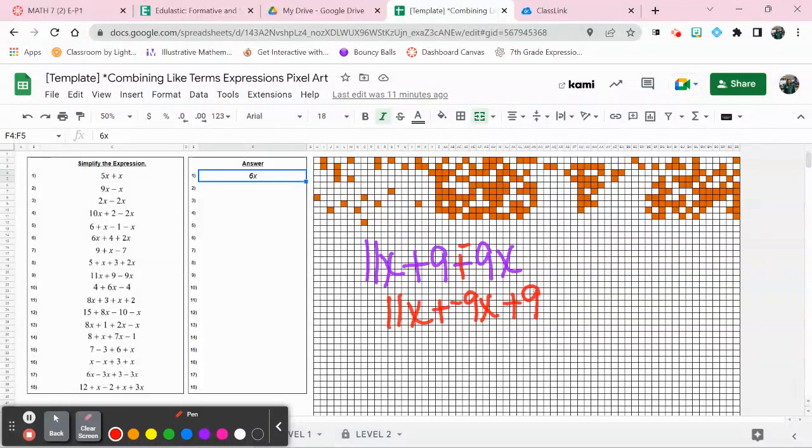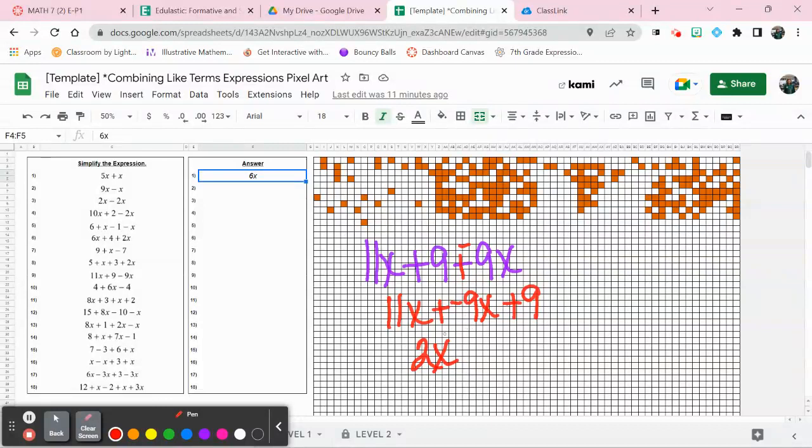Okay, we have x's that can go together. 11 plus negative 9. Different signs, we can't add them. We do 11 minus 9. We get 2 x's, and it's going to be a positive 2 because we have 11 positives and 9 negatives.